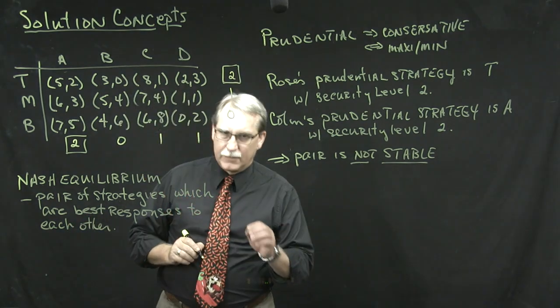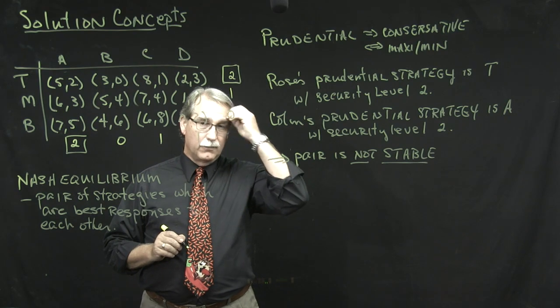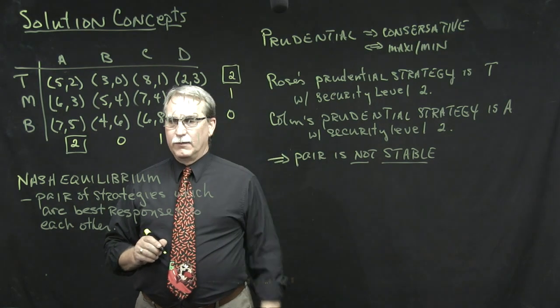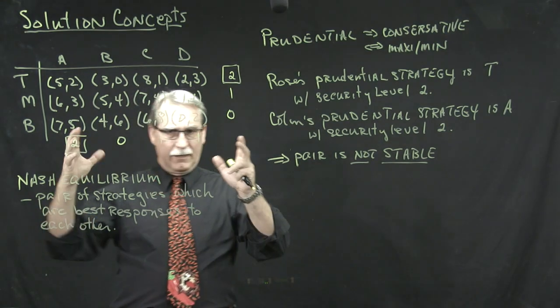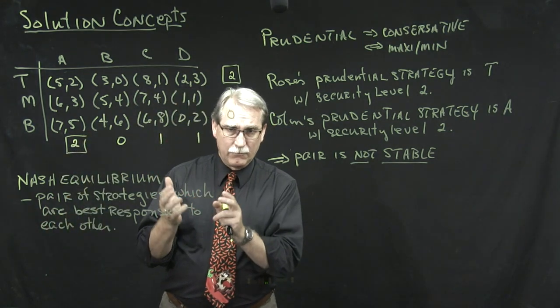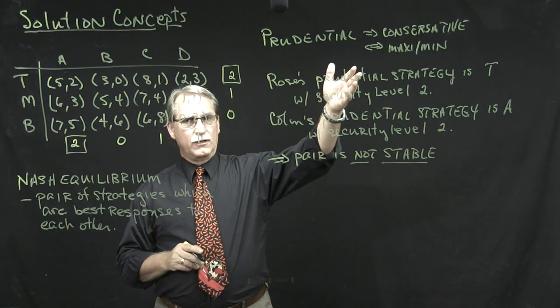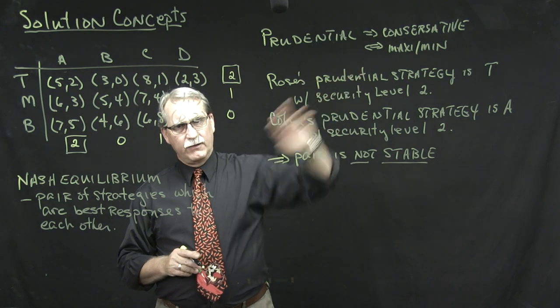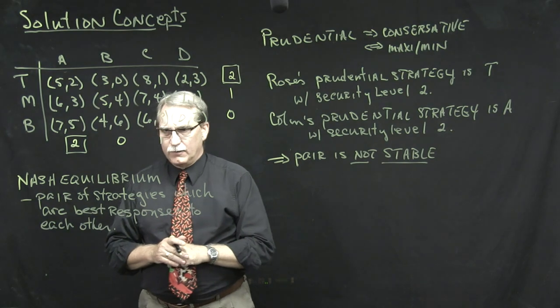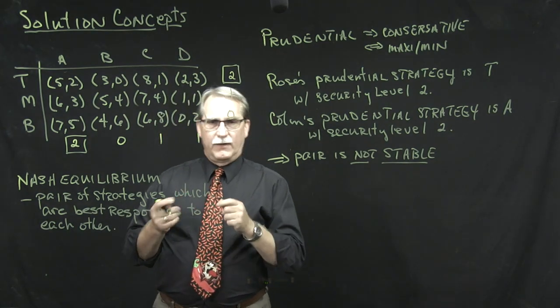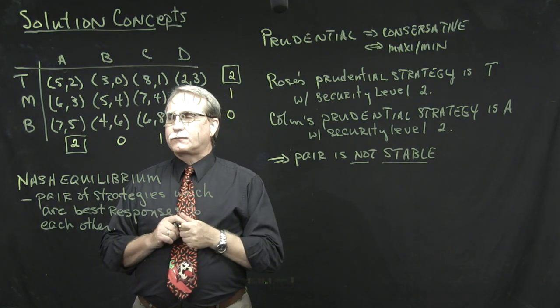And I'll illustrate that carefully as I calculate our Nash equilibrium. But first I'd like to point out that it's a pair of strategies. They always come in groups, one for each player, whereas a prudential strategy is a choice by an individual player. So how do we calculate a Nash equilibrium? Well, what we do is we find best responses.